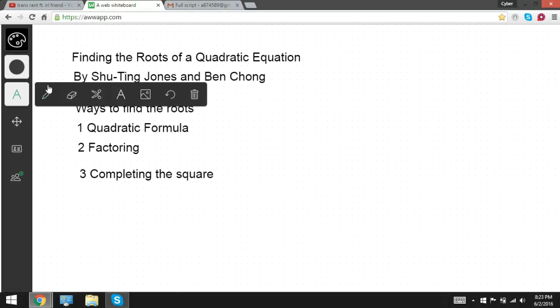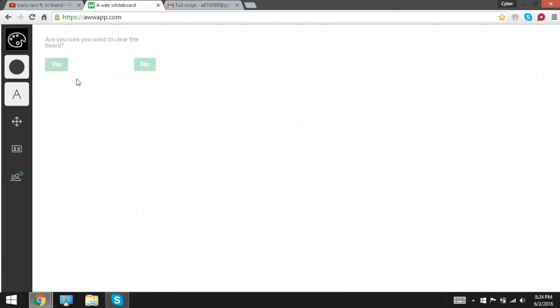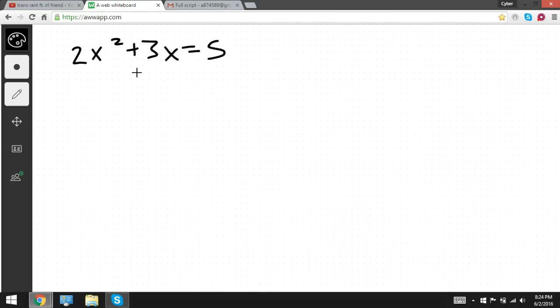Okay, moving on. So the first thing you want to do before you start is make it so it's in the form of ax squared plus bx plus c equals 0. So basically you want a 0 on one of the sides. In this example, I'm going to subtract both sides by -5, and that way it will be equal to 0.